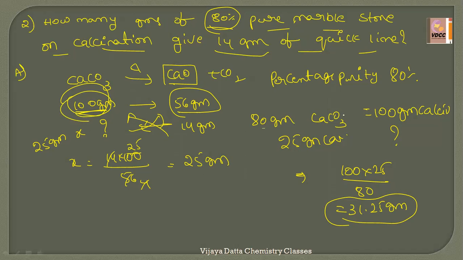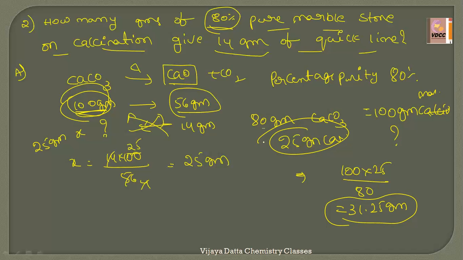So 80 grams of CaCO3 will be present in 100 grams of marble stone. Then 25 grams of CaCO3 is present in how much of the marble stone? Because we have to calculate for marble stone only, no? So that is 31.25 grams.